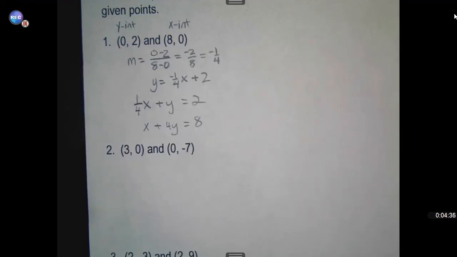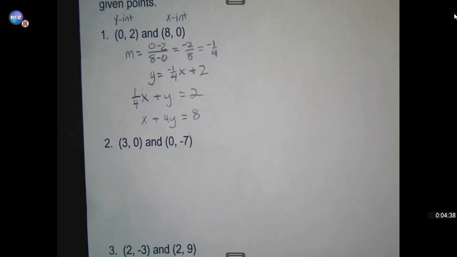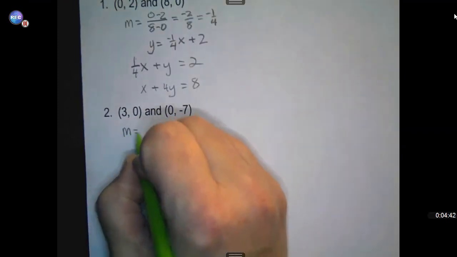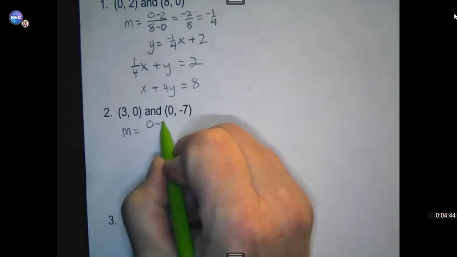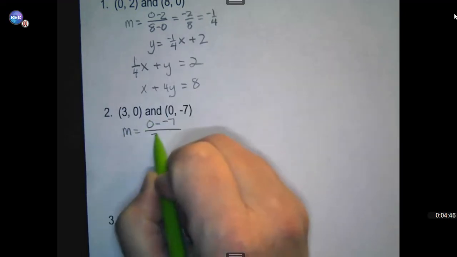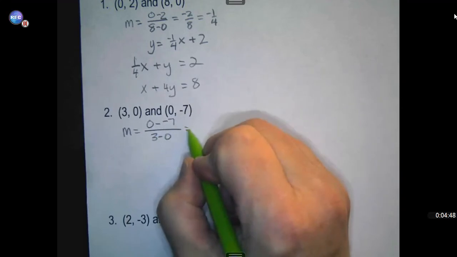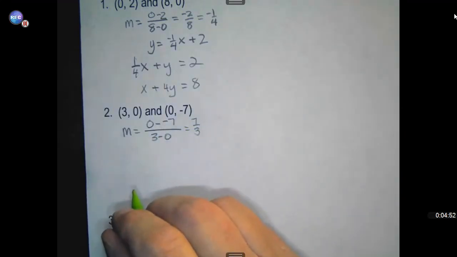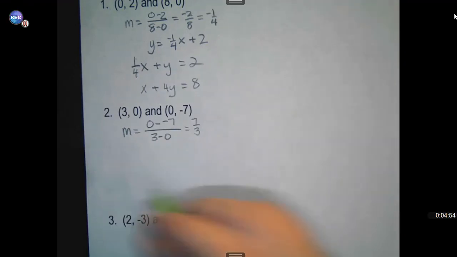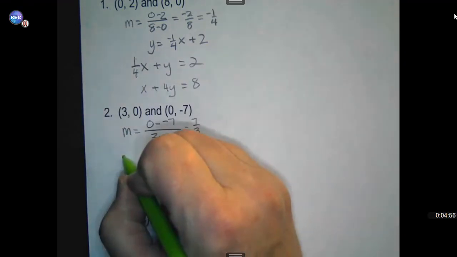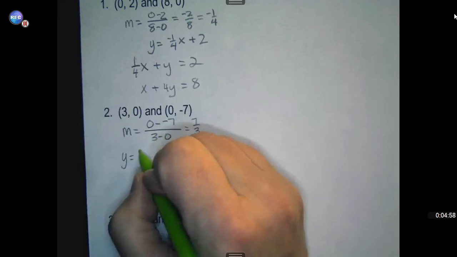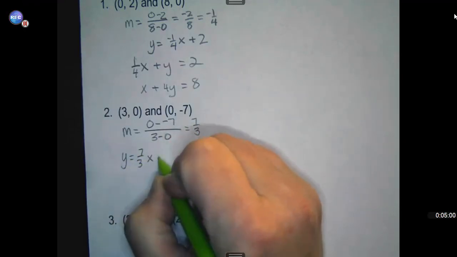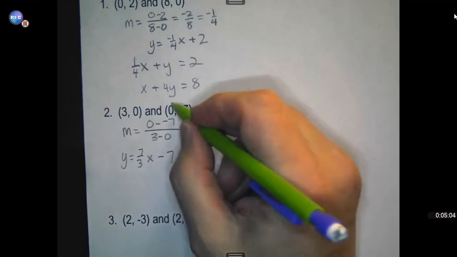Next set of points, same thing. They gave me the x-intercept and the y-intercept, so I'll find the slope. I'll take 0 minus negative 7 over 3 minus 0, and I get 7/3. So y equals 7/3 x minus 7, because that's my y-intercept right here.